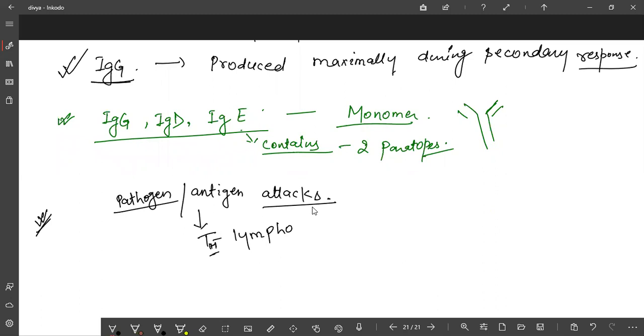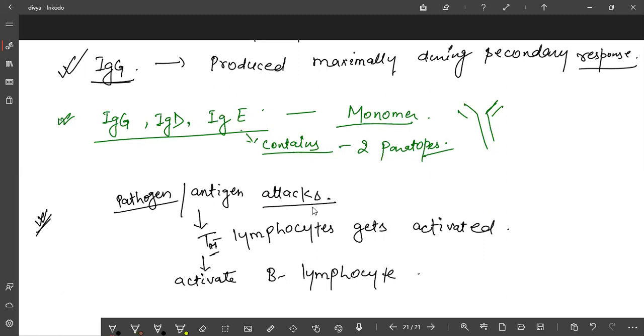Some types of T cell are there: T helper cell, T killer cell. When any pathogen or antigen attacks our body, T lymphocyte gets activated. And this T lymphocyte will activate which lymphocyte? B lymphocyte.